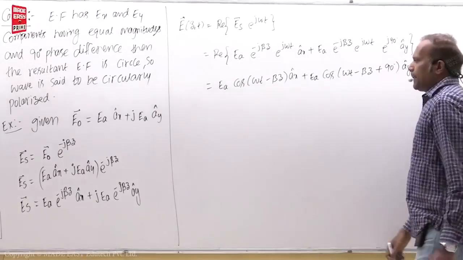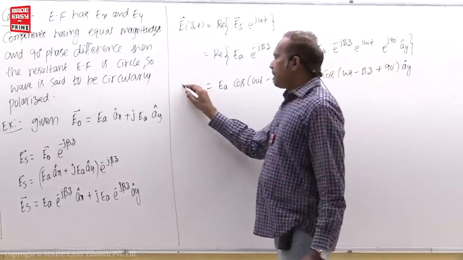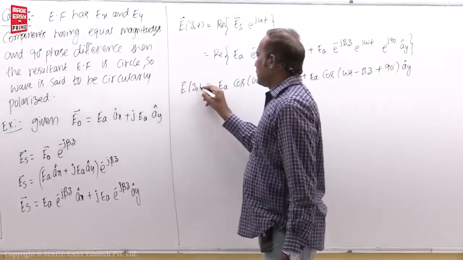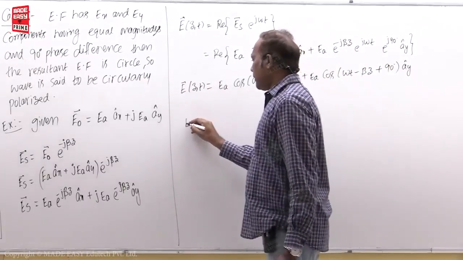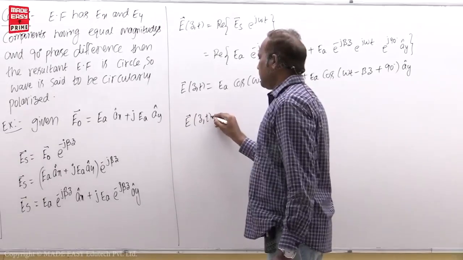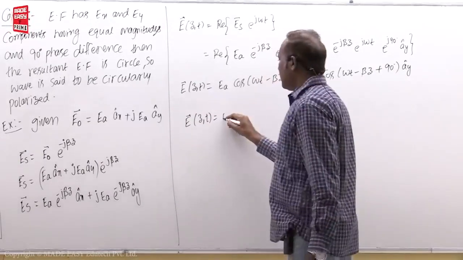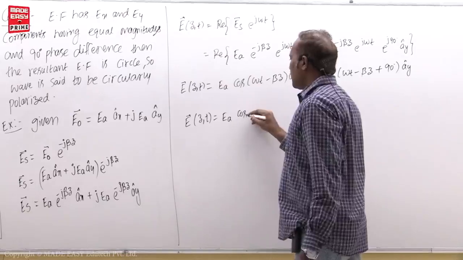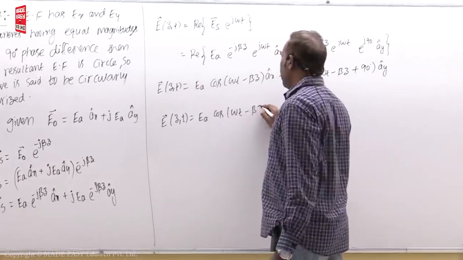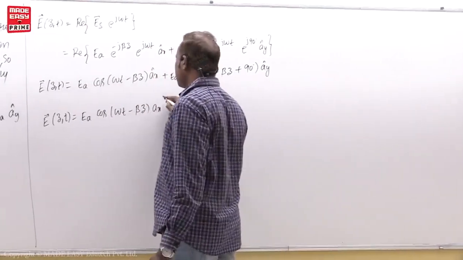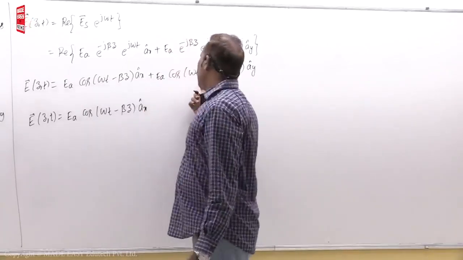So E bar is equal to EA cos of omega t minus beta z ax cap.